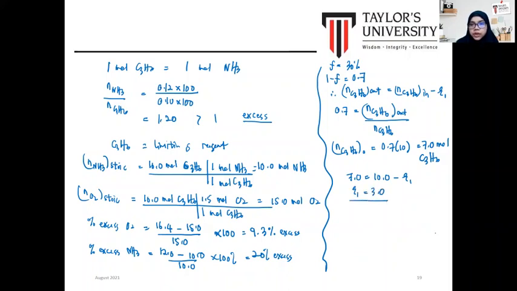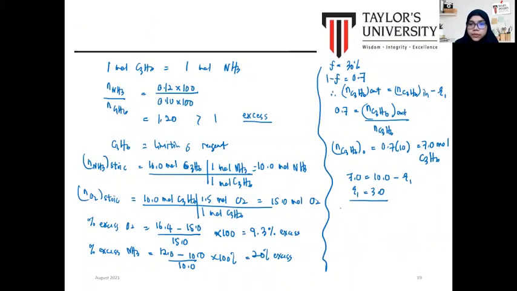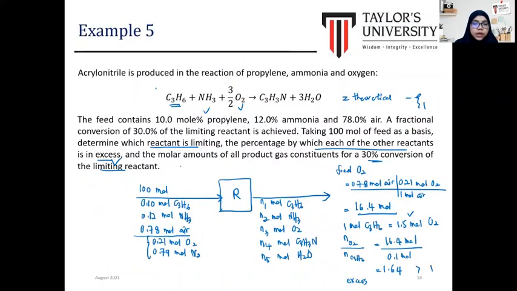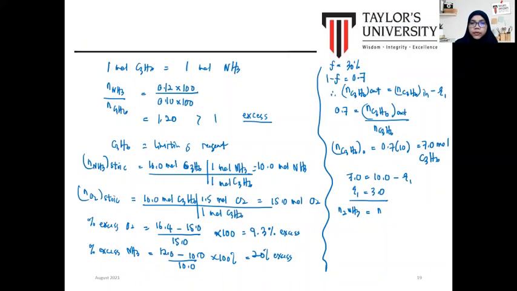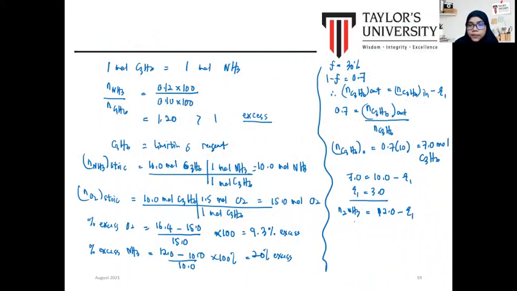By using this, you can solve for the others, for example ammonia, N2 NH3. In the input we have 12, right? So it equals 12.0 minus 3 ammonia reacted. You can get the value here as 9.0 mole NH3.